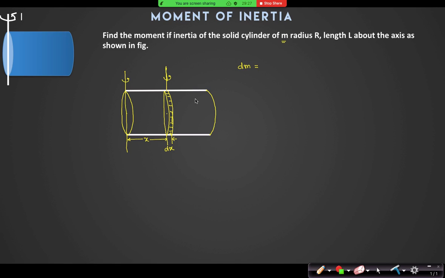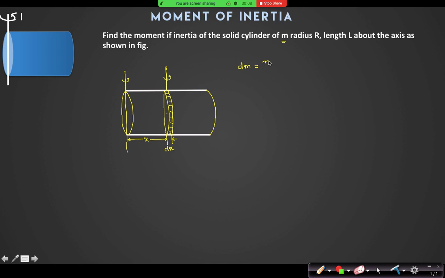It is a cylinder, not a sphere, so the volume is pi r square L. So dm is pi r square dx times the density, and pi r square will cancel, giving m by L dx.